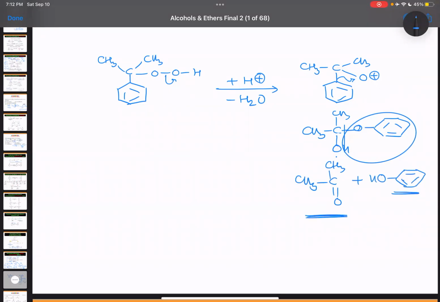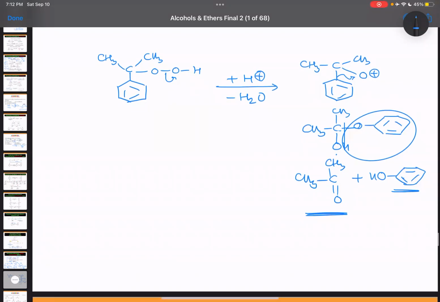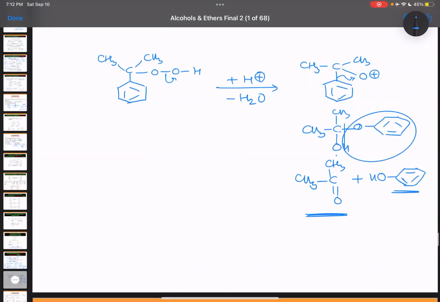So a lot of questions are asked on this in NEET many times, in JEE NEET. Every time, what is the byproduct? Because everybody knows that it is the preparation of phenol, as the name indicates. But what is the byproduct that is formed with this? That also you need to know, right?